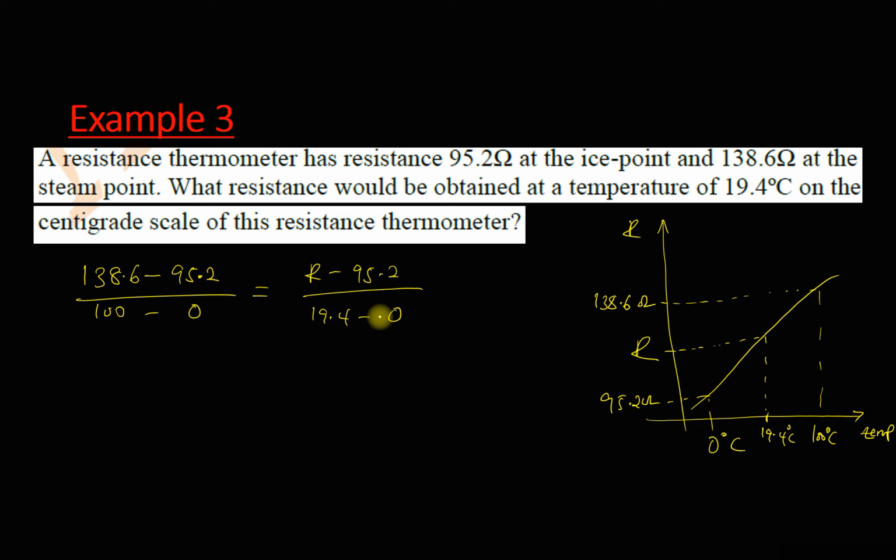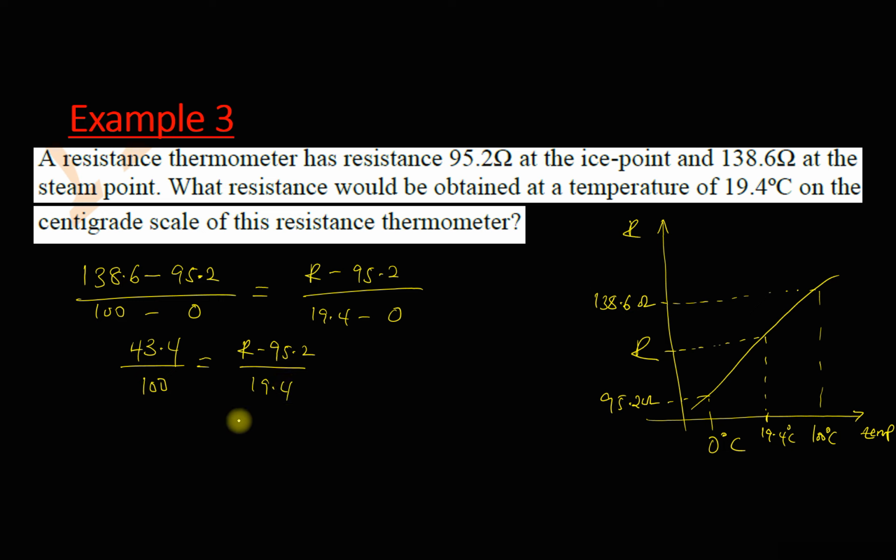So I'm just going to cross multiply. Let me first subtract and simplify. So I have 138.6 minus 95.2. So that is 43.4 divided by 100 equals R minus 95.2 divided by 19.4.